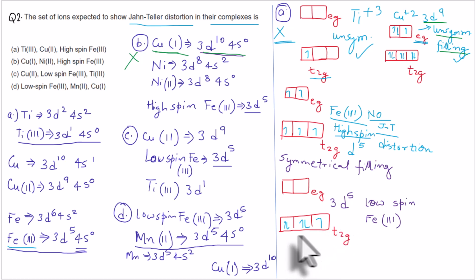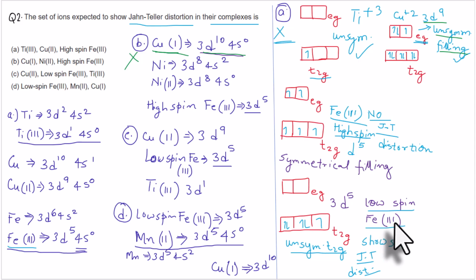So when it is low spin and pairing occurs, we have an unsymmetrical filling of the t2g orbital. This unsymmetrical filling of the t2g orbital shows Jahn Teller distortion. That means low spin Fe3+ complexes should show Jahn Teller distortion.